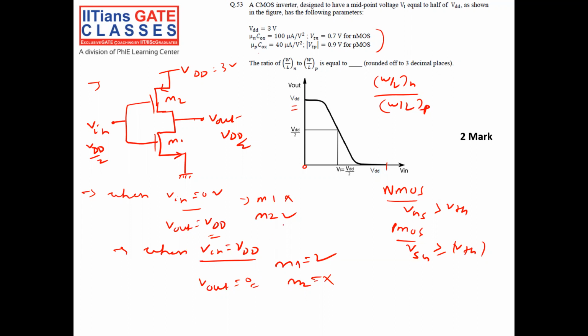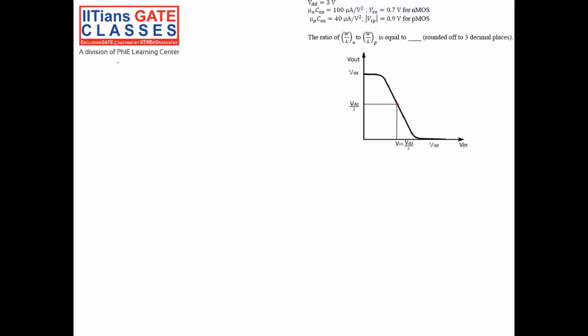In between, in the transient, the output will go from high to low. So in this particular case, at this midpoint, V in is equal to VDD by 2. Let me draw the VDD, VO, VIN. Take the NMOS.